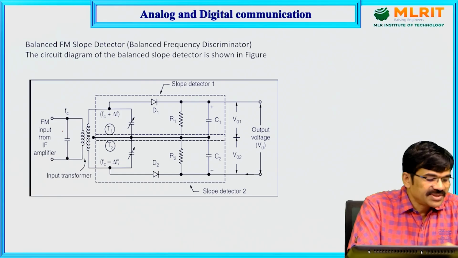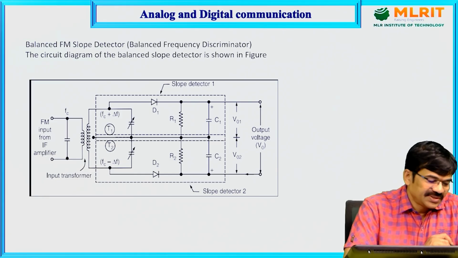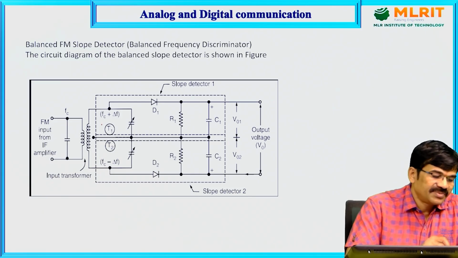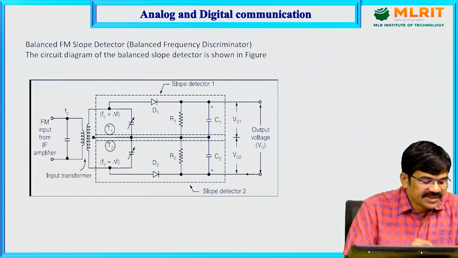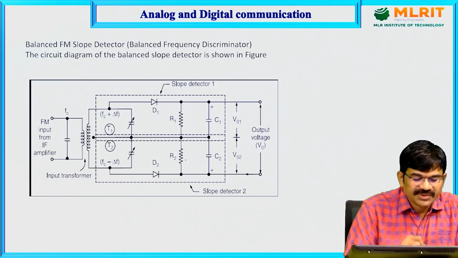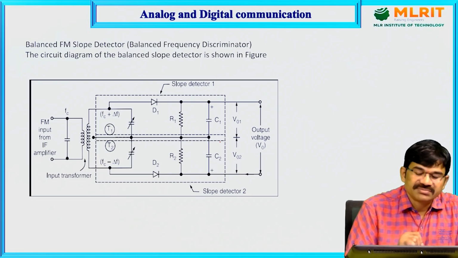This is the primary section, and the secondary section is the center tapped transformer. The center tapped transformer output is connected to the diode, and the output of the diode is connected to the load resistor R1 and C1. The bottom end of the center tapped transformer is connected to the diode D2, R2, C2. R1, C1, R2, C2 are used to remove the ripple content, the AC component present in the signal, so the variation can be removed.